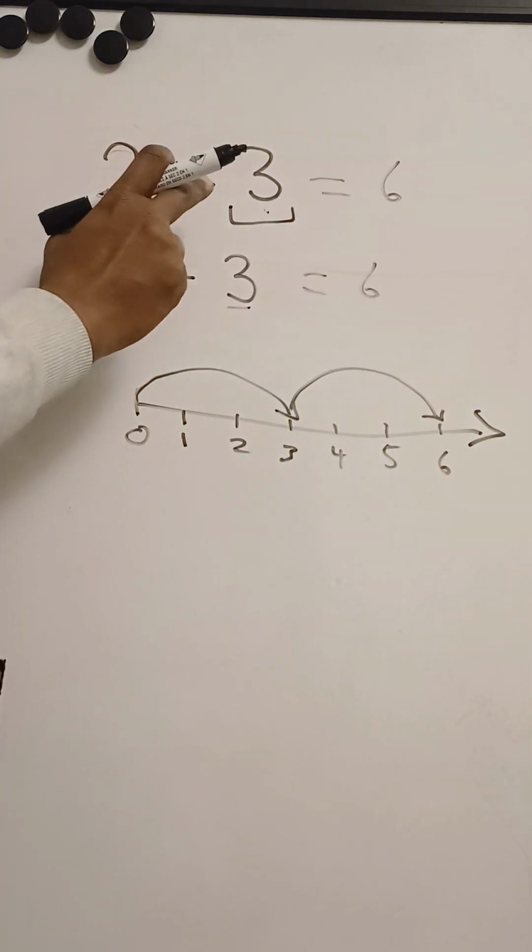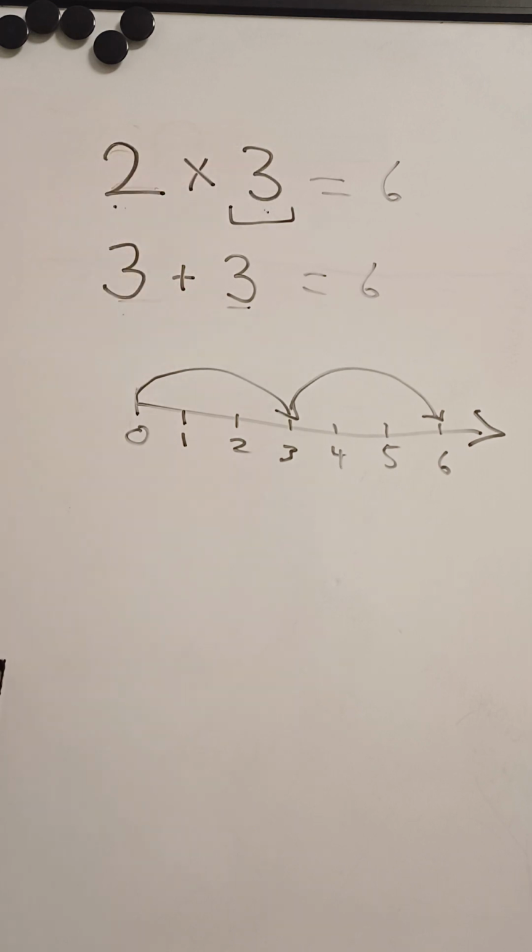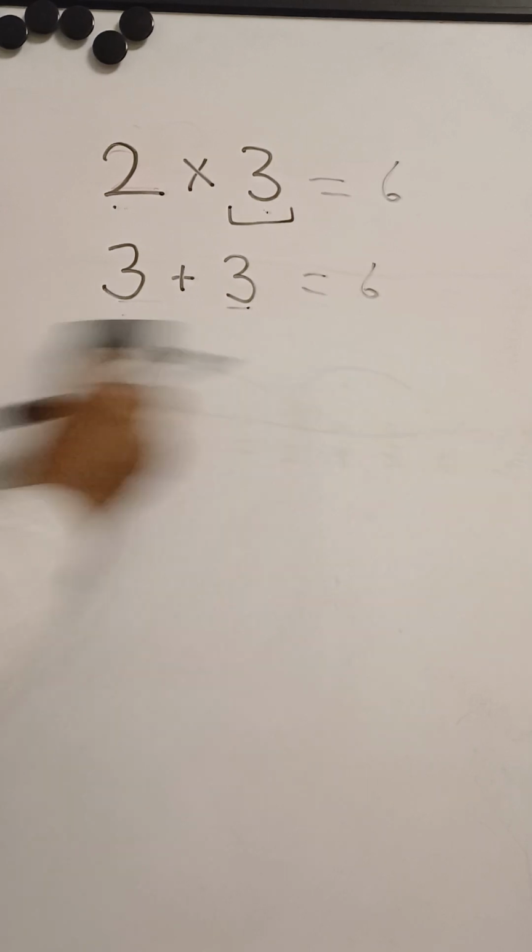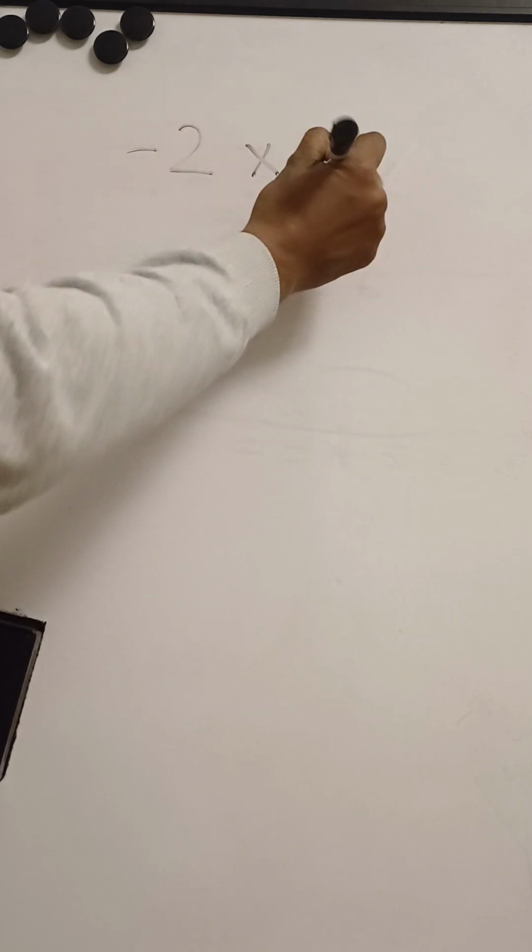What if one of the numbers is negative? Always remember when we're doing this, the first number, if we have, for example, minus 2 times 3.